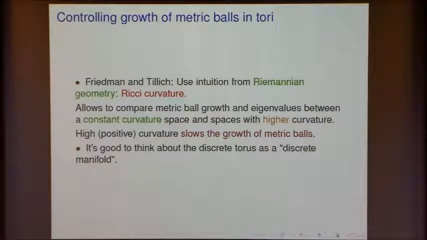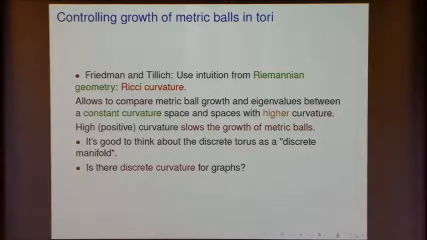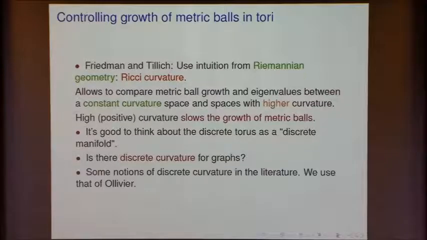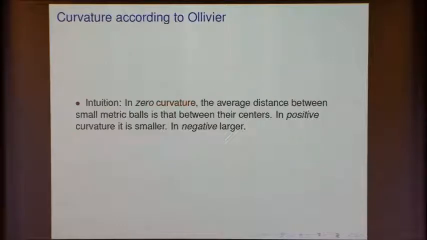So we want to find a notion of curvature in graphs that will allow us to do this. We are thinking about the discrete torus as a discrete manifold, and we want a notion of discrete curvature. One can look for such a notion in the literature, and there are several notions. There is one due to Ollivier, there is one due to Villani, and probably some others, and the one due to Ollivier is easier. This is the one we are going to use.